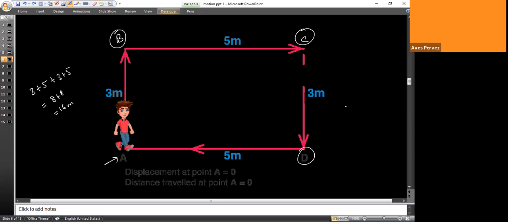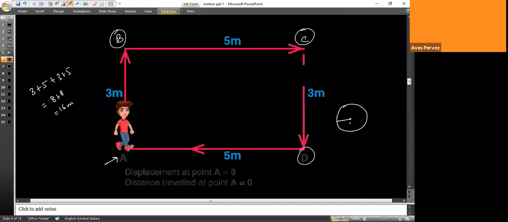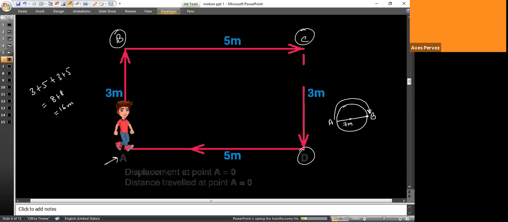If a person is traveling in a circular path, and his radius is 7 meter, and he starts traveling from point A and then reaches point B, meaning he traveled from point A to point B in a circular path like this.